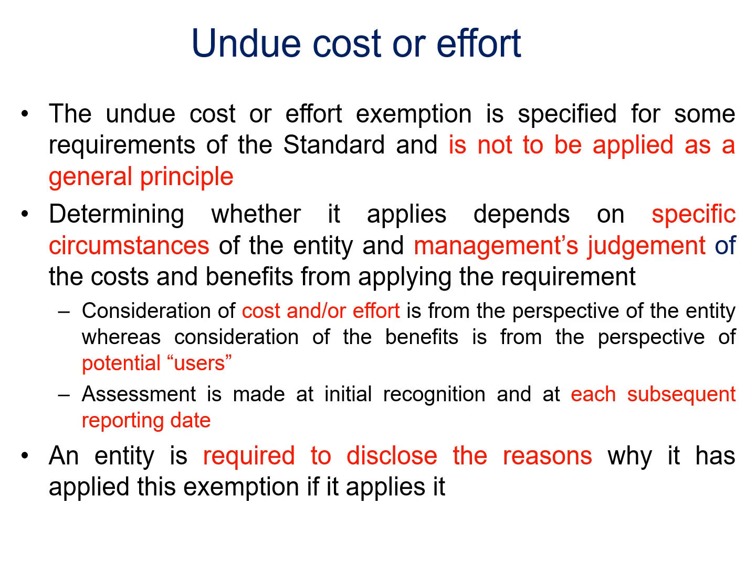It's not to be applied willy-nilly. It's not to be applied in pretty much any situation where one feels that applying the standard to the T may be onerous or may not be achievable without too much effort.